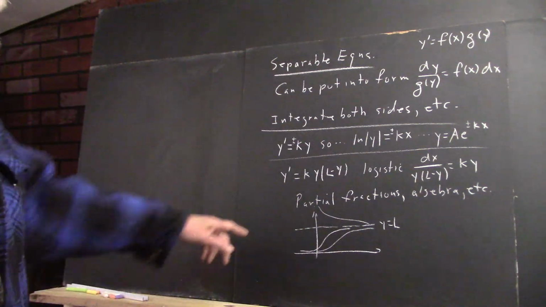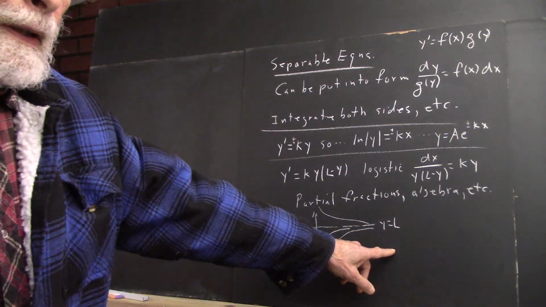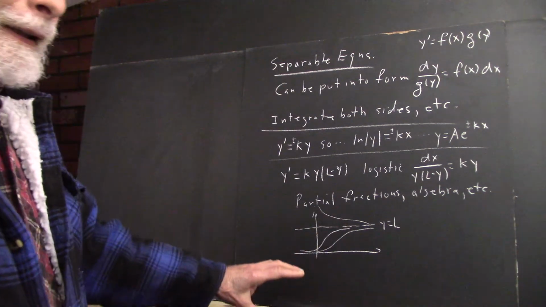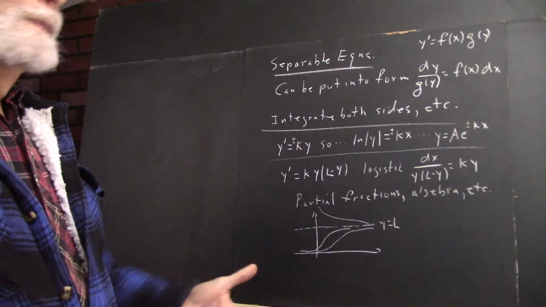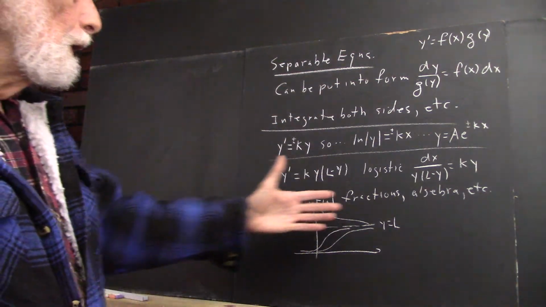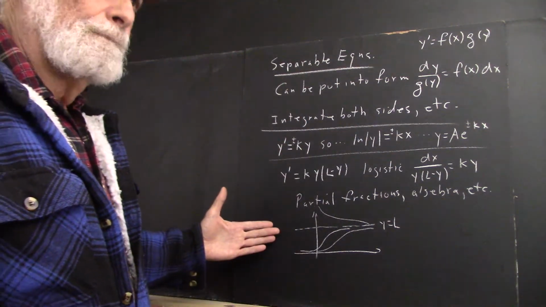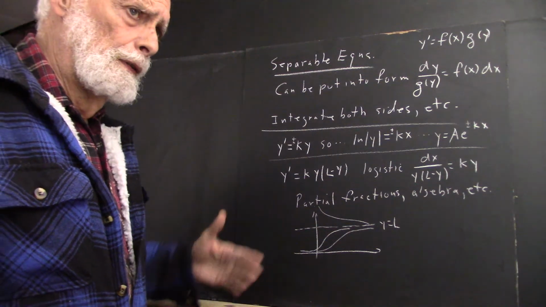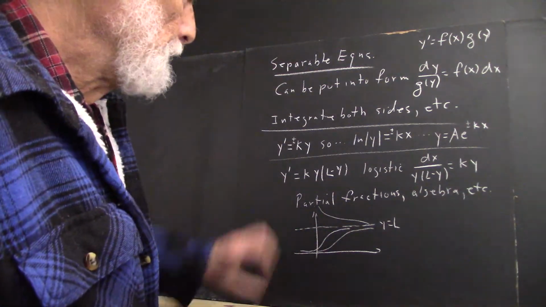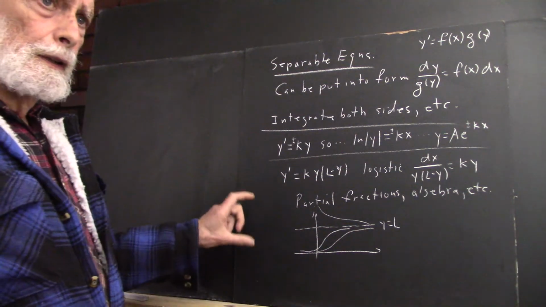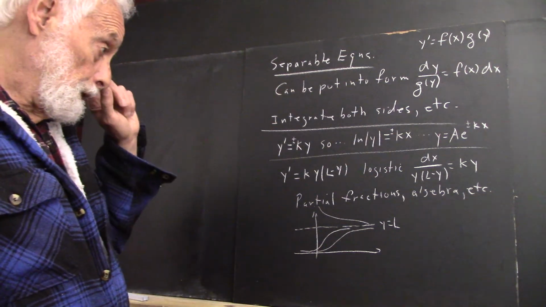Okay, we approach this limit in a way that can be analyzed with slope diagrams and so forth. It's an autonomous equation, and you want to use those techniques, which we went over in some detail. Okay, I don't have time to go over those, but it's something you want to review.